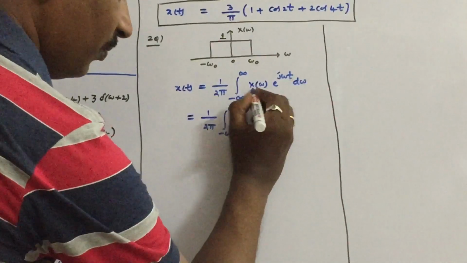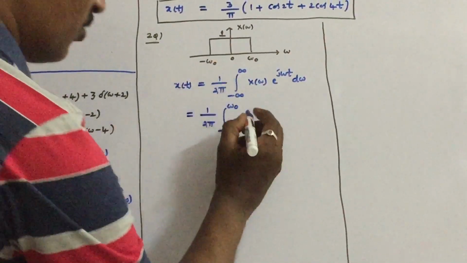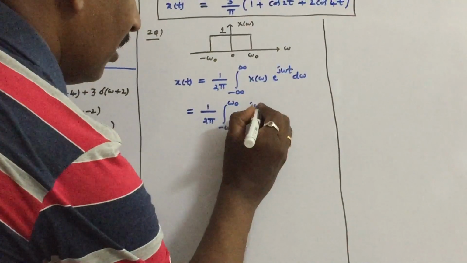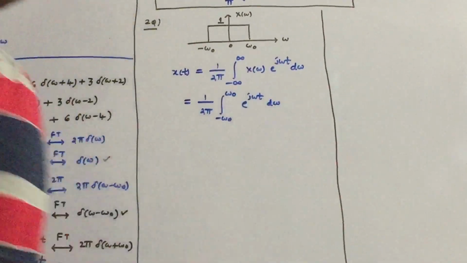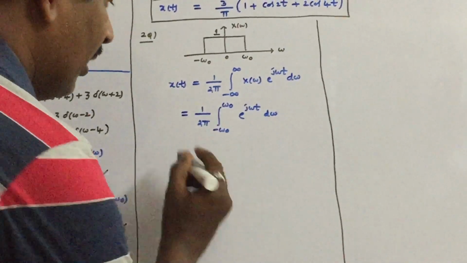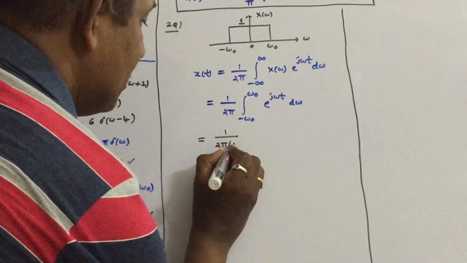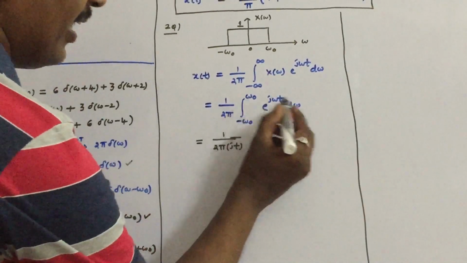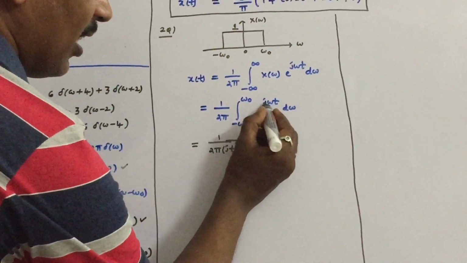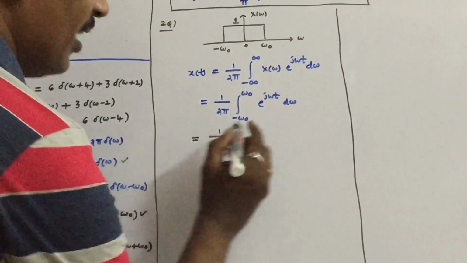In this duration x of omega is 1, e power j omega t d omega. So what is the answer? 1 by 2 pi, and since the integration is with respect to omega, the constant jt comes in the denominator.